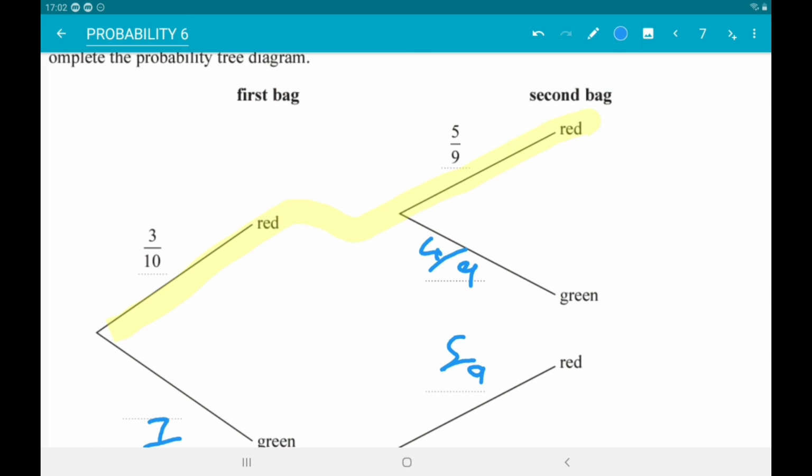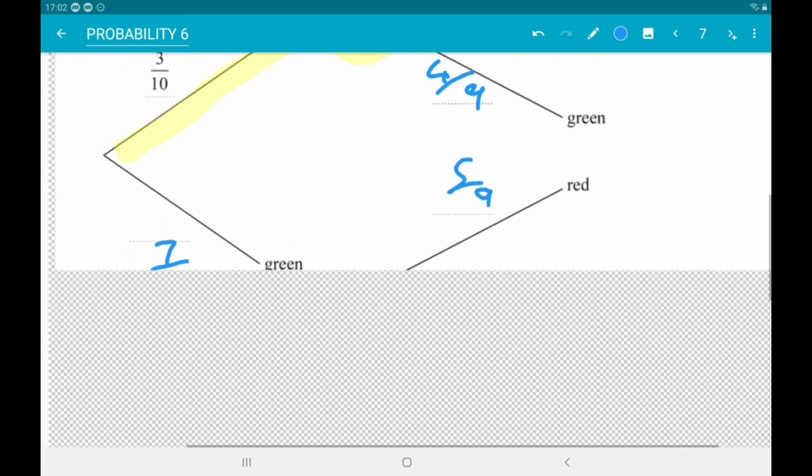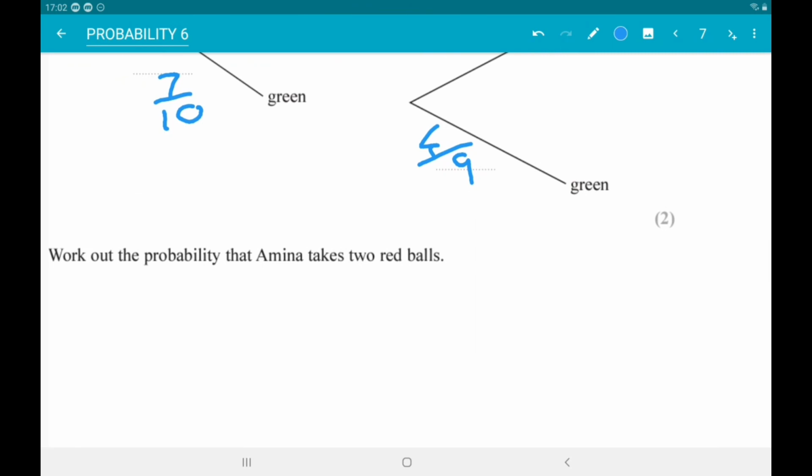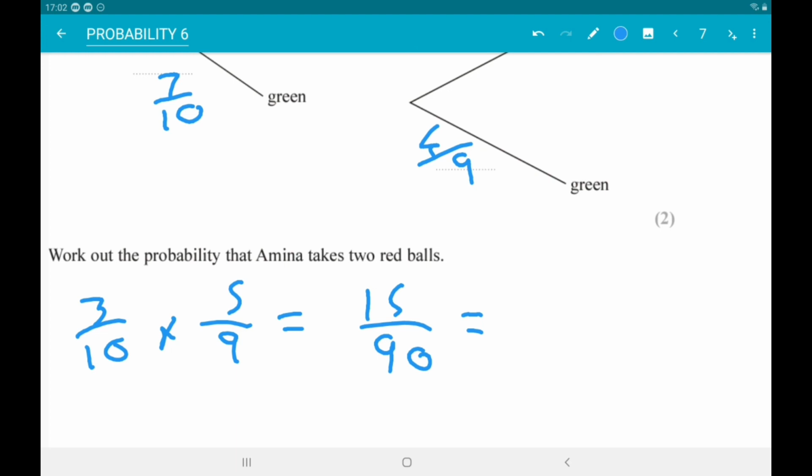So this is 3/10 times 5/9. So on top, that's 15. On the bottom, that's 90. Now that would be fine, but it also simplifies to 1/6.